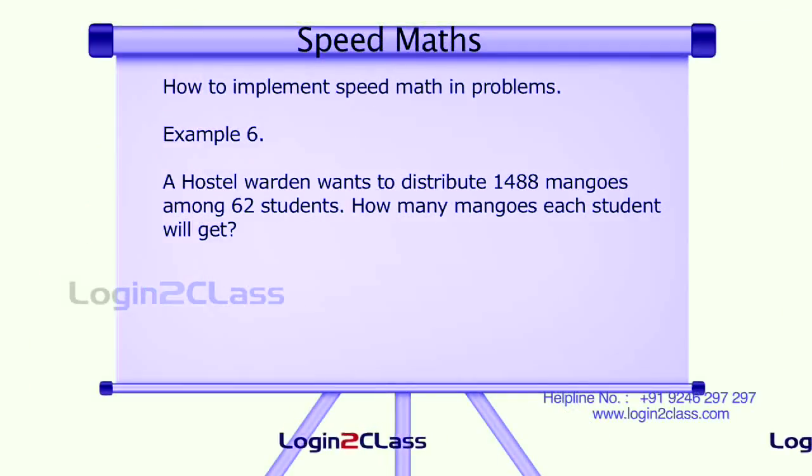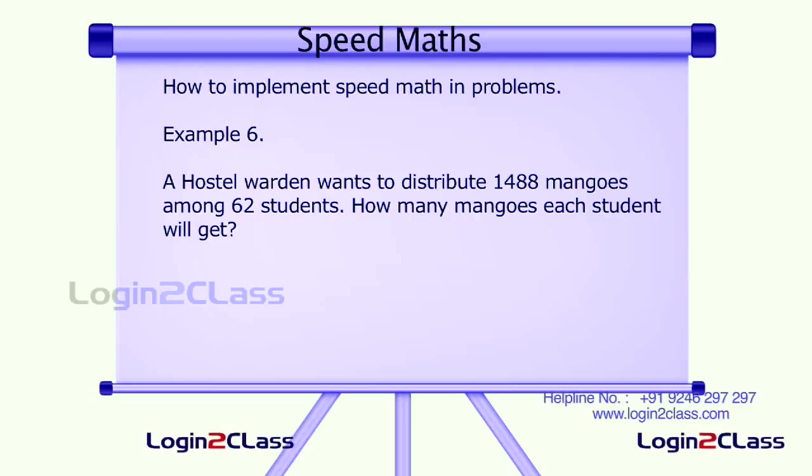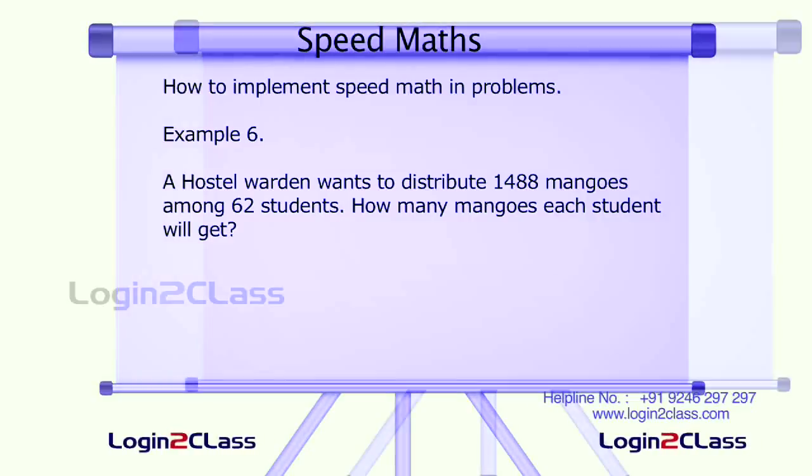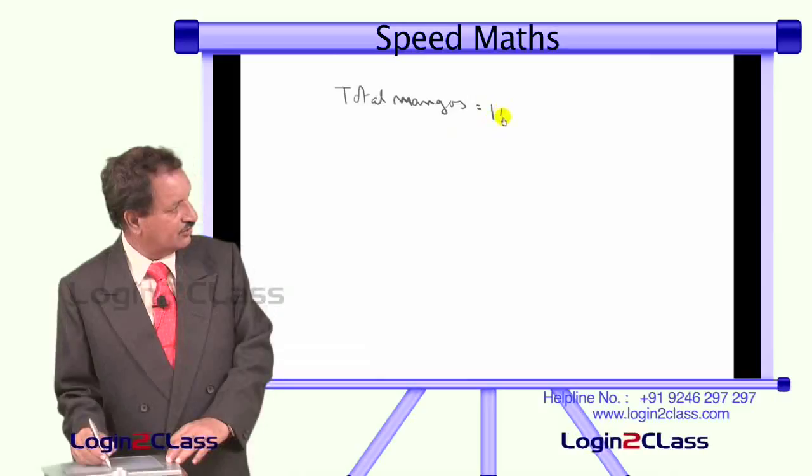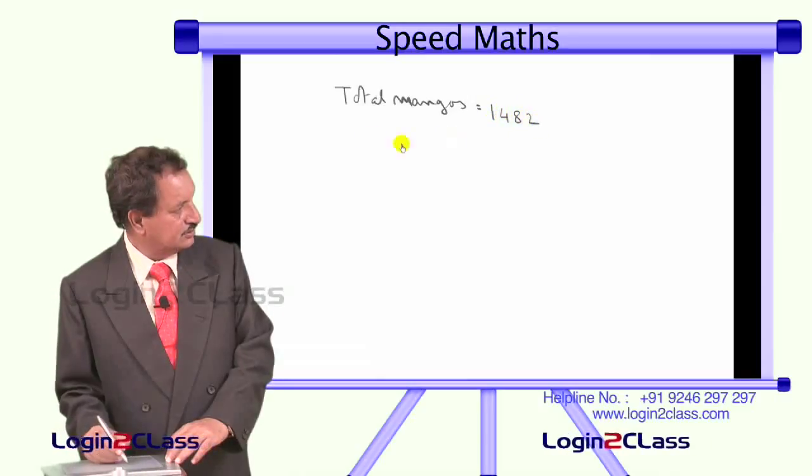A hostel warden wants to distribute 1488 mangoes among 62 students. How many mangoes does each student get? That is the question. Here, how to do this problem? Total mangoes 1488.